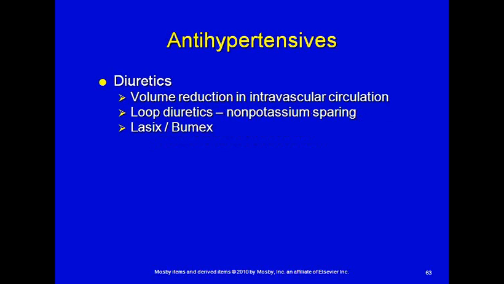These would include your loop diuretics that work in the loop of Henle in the kidney, and these happen to be non-potassium sparing, so when you take them, you create large amounts of urine in a short period of time, and in creating all that urine, you not only get rid of water, but you also get rid of sodium and potassium, so you have an excess potassium loss and an excess sodium loss when you're on these loop diuretics, and they include Lasix and Bumex.